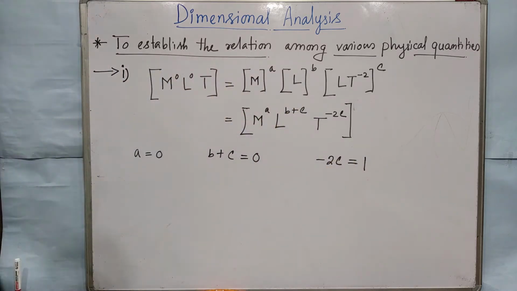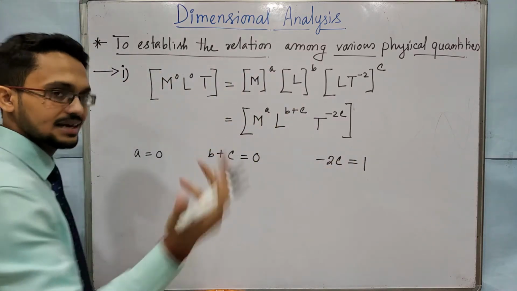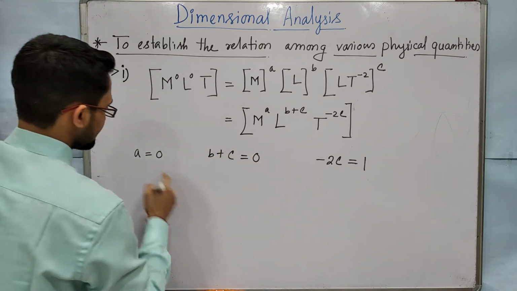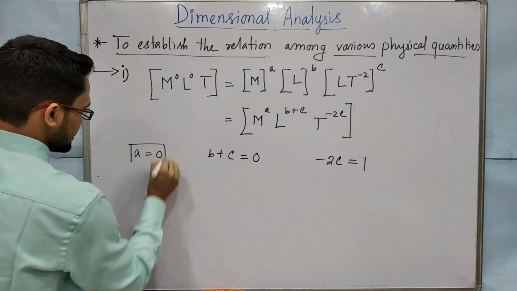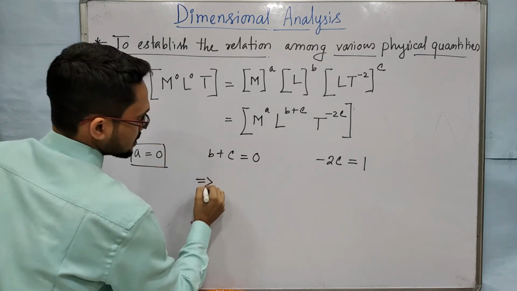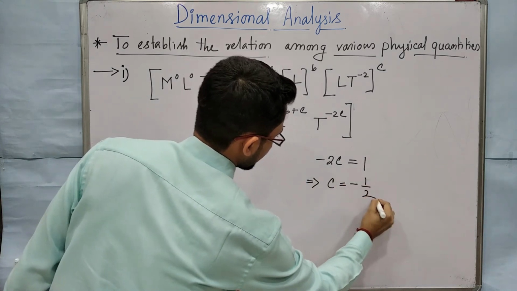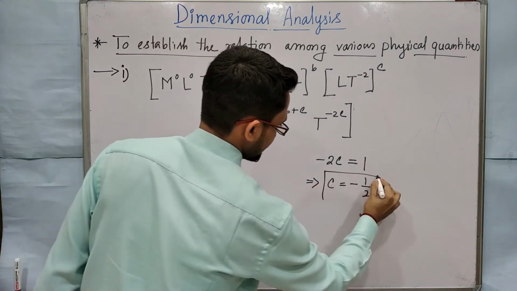Now we have to find the values of a, b and c. This is our final step. a we have already got. From this equation we can get c equal to minus half. This is the value of c.